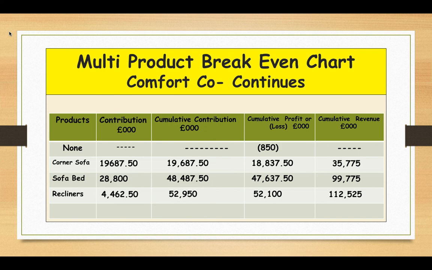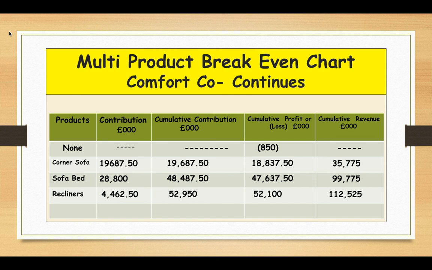So to draw a profit volume chart, we need the revenue figures and we need the profit or loss figures. Here the company is going to produce 3 products. So we have to have the cumulative revenue figure and the cumulative profit or loss figure.